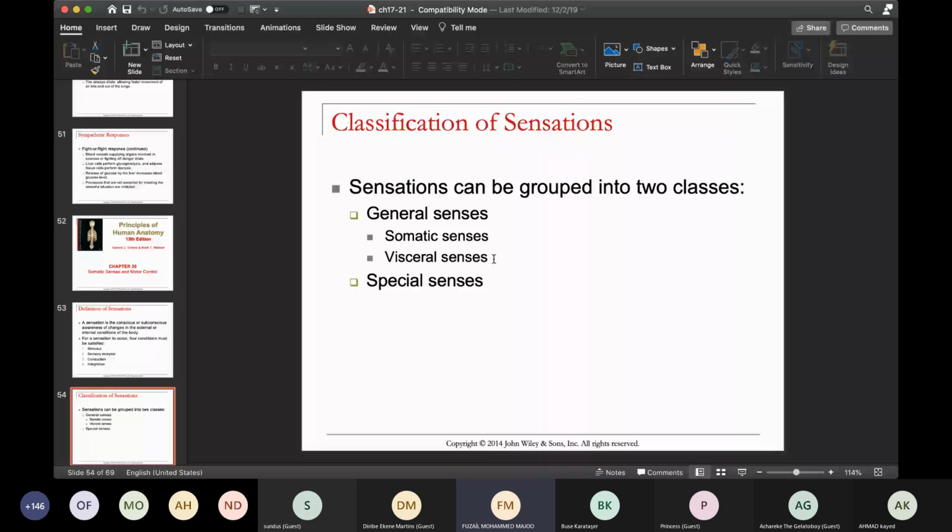Then we move on to special senses. Special senses we're going to cover more in chapter 21. In this one, we're going over somatic senses. So, very simplistically and generally, the special senses, who knows, what could they be?